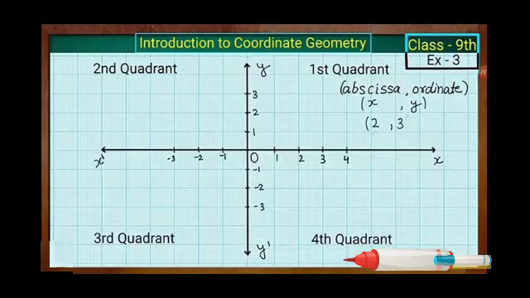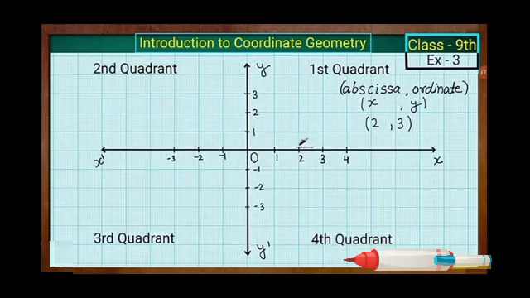Let's take a coordinate 2 and 3. When we collect them together, this is called the coordinates. Let's locate it. On the horizontal line, locate 2. On the x-axis this is called the abscissa, and y is the ordinate.